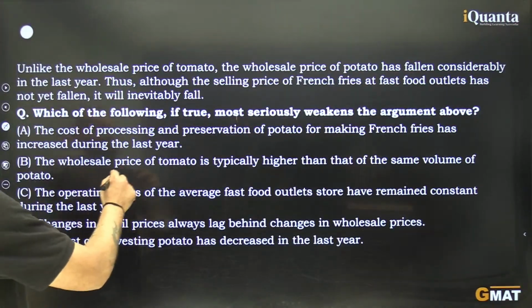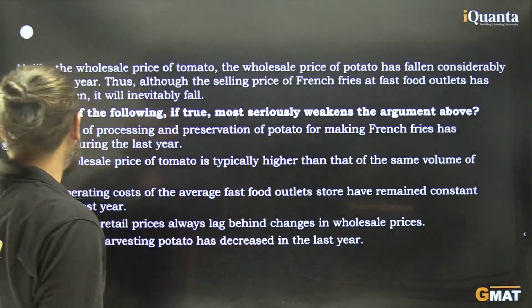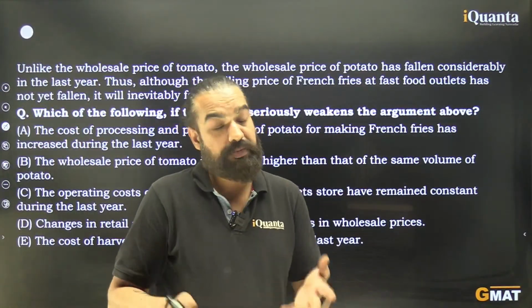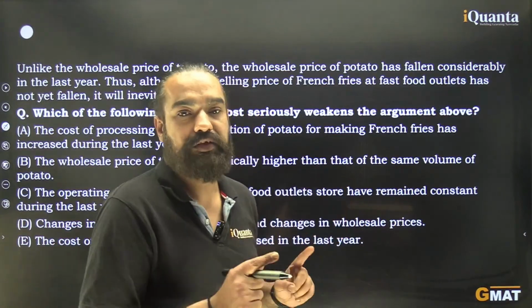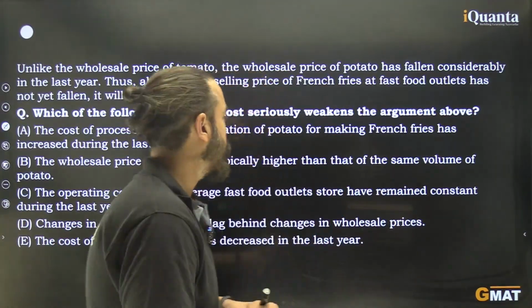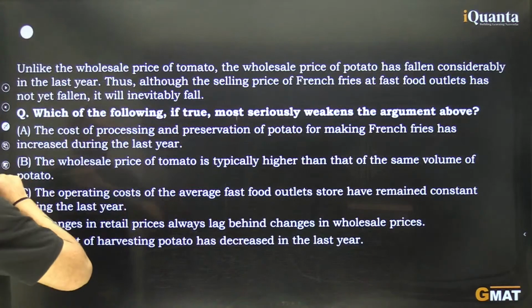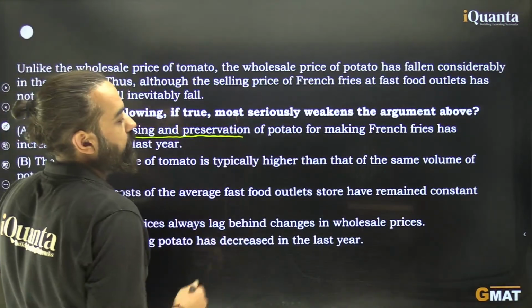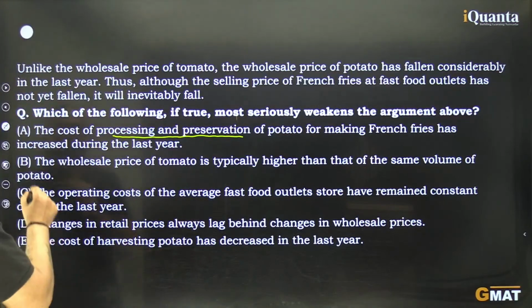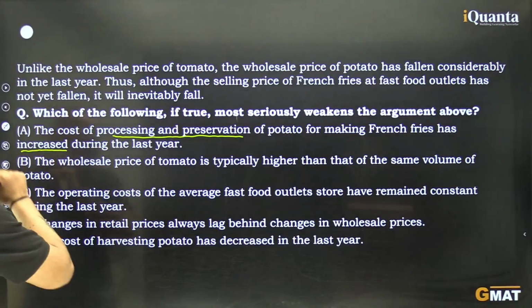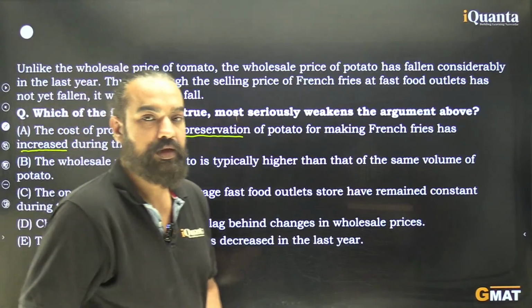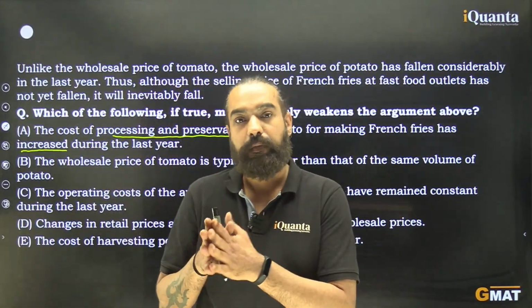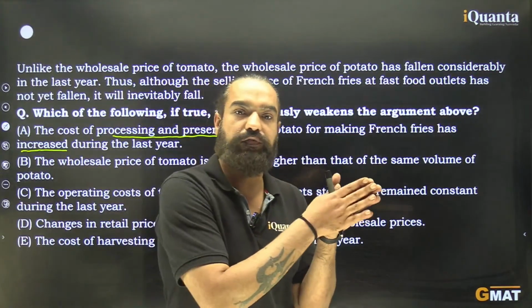The wholesale price of tomato is typically higher than that of the same volume of potato. See, we don't need tomatoes for French fries. Maybe for ketchup, yes, but it has nothing to do with the price of French fries per se. Option A, the cost of processing and preservation of potato for making French fries has increased during the last year. Same example, cotton has become cheaper, and we're saying the prices of t-shirts will also drop.